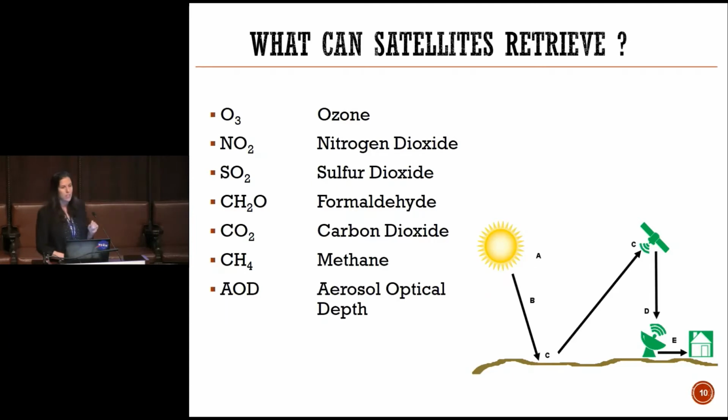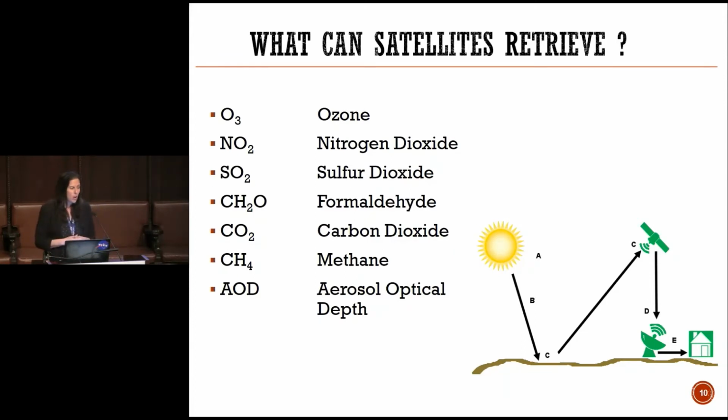What we see here in the figure is the sun, which is the source of light, and the light beam hits the surface and then reflects, basic physics, and the energy of the light arrives at the satellite.